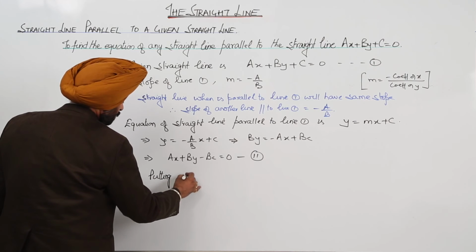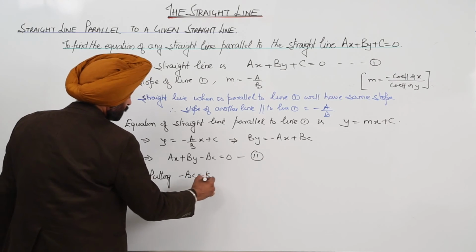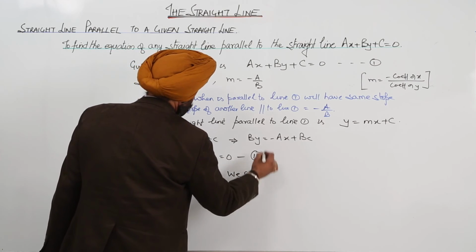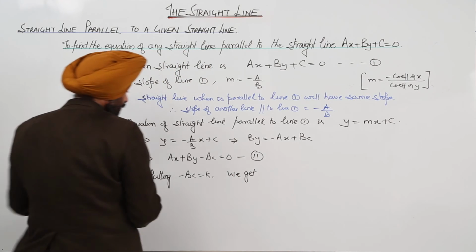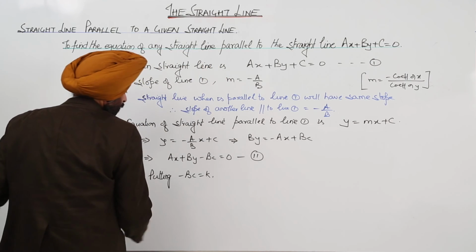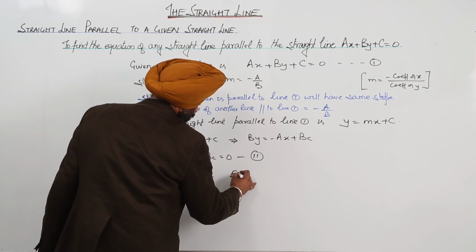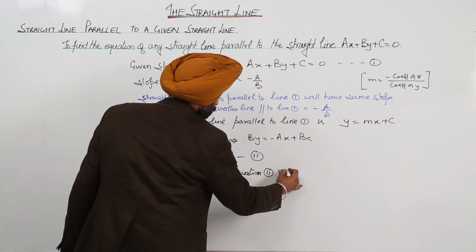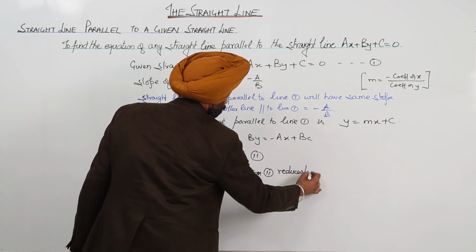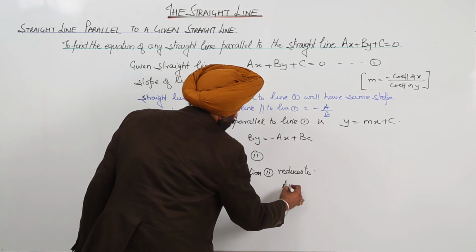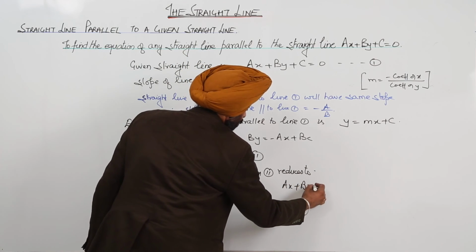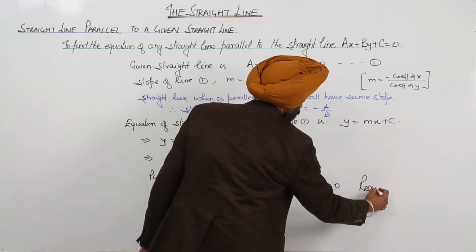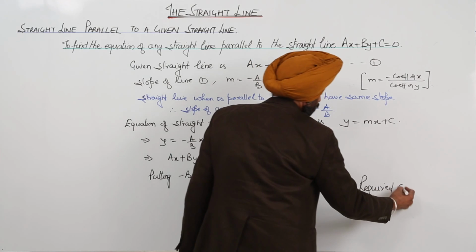Putting negative of bc is equal to k, equation 2 reduces to ax plus by plus k is equal to 0, the required equation.